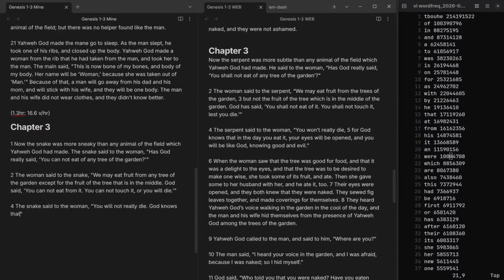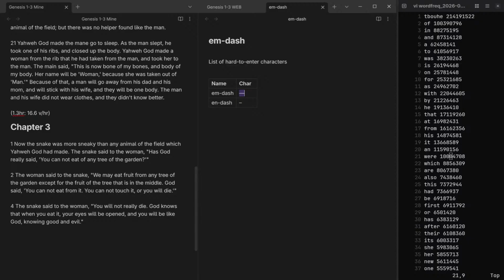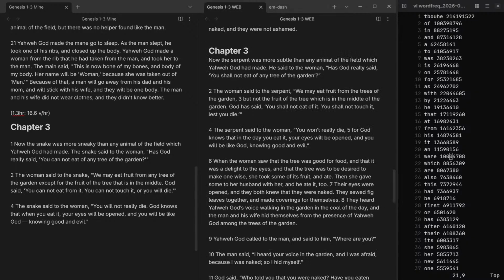God knows that when you eat it, your eyes will be opened and you will be like God, knowing good and evil. Okay, let's use an em dash here. I think it's descriptive. Right? That's good. You'll be like God, knowing good and evil.